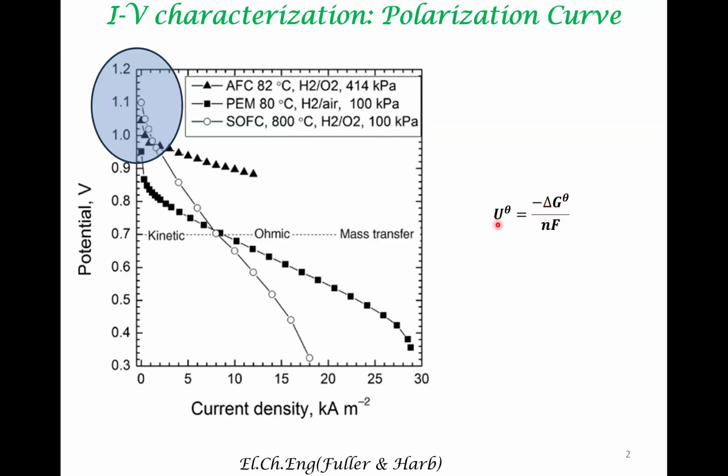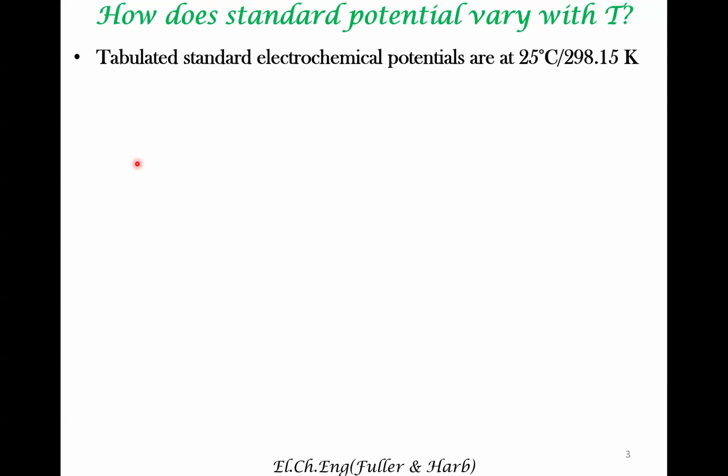So based on this relationship, you can get the potential. However, the potential seems to be different, even though the composition is more or less the same. And there are two main reasons for differences in open circuit potential for the three different fuel cells whose data is provided here.